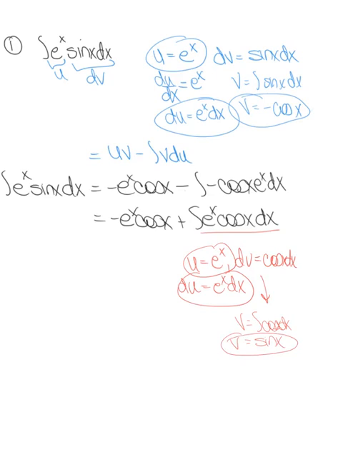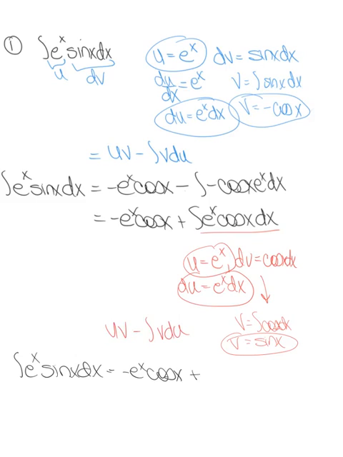So let's go back up and grab what we had there. Remember, we started out with the integral of e to the x sine of x dx, and we got one piece that came out, a negative e to the x cosine of x, and then we had plus our new integral, and this time we're adding. Remember, what we're looking for is uv minus the integral of v du.